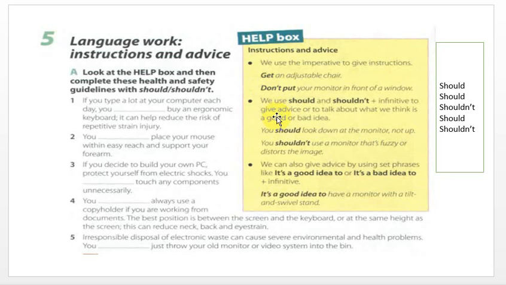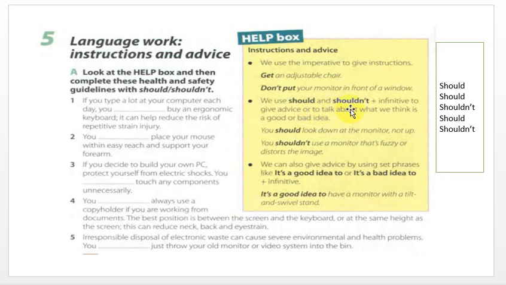Work hard if you want to be successful. Stay with us, don't go anywhere. We can also give an instruction with the negative: don't put your monitor in front of a window. That is a kind of instruction.